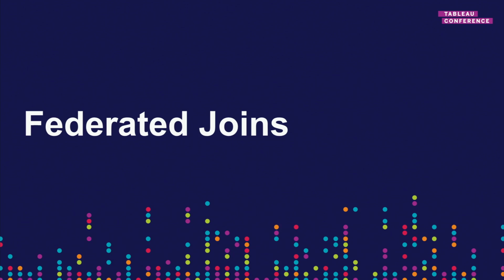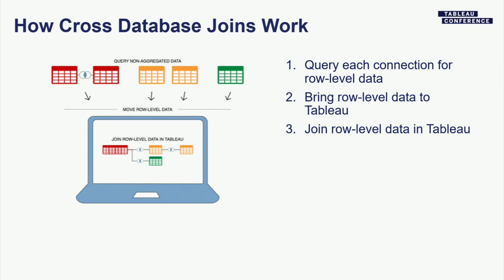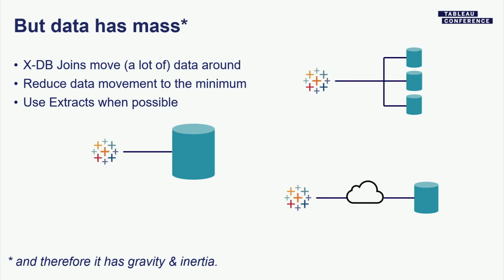Federated Joins. Also a great feature, cross-database joins. You know how it works? Pretty simple. Tableau queries every row-level data, brings it into Tableau, and performs the join locally. But what happens if one of those tables is big?